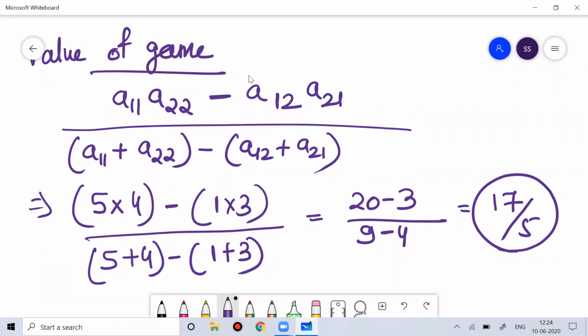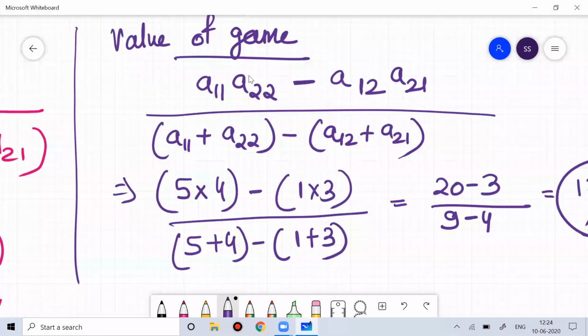Clear? Anyone have doubt? So this is the formula to determine the value of game.